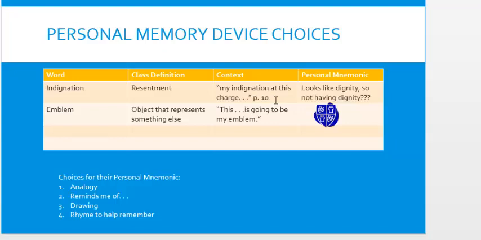And then for emblem, they draw an emblem in the place. You can see at the bottom of the slide some other examples of ways that they can decide how they're going to remember the word. But I want to put that power of the memory device in their hands because they know best how they learn. To me, it's just important that they take the time to do that.